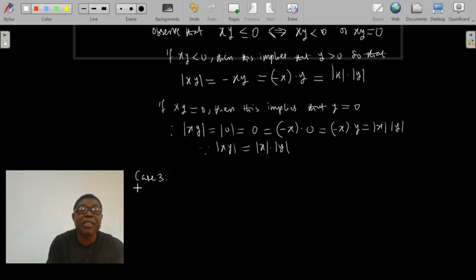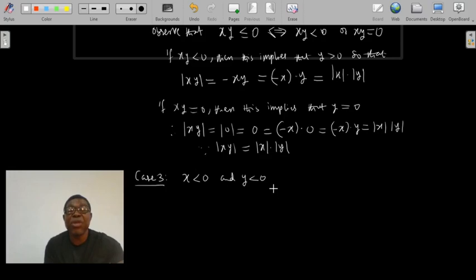So what I will now consider as case 3, which is the last case, is the case where we assume that x is really less than 0 and y is really less than 0. If we take up this case, what we get is that the absolute value of x is equal to minus x, and the absolute value of y is equal to minus y.